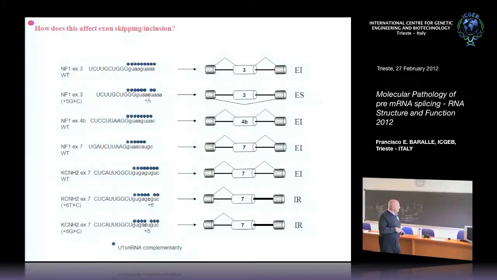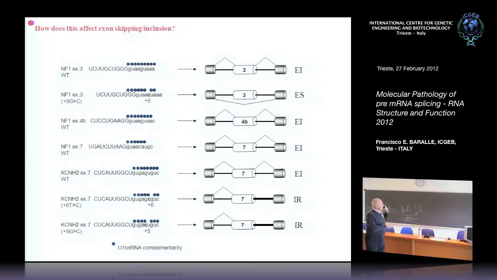These are different 5' splice sites, and you can see that some of them have a very good base pairing. This one here is a mutant of this that was found in a patient. There is only this change.